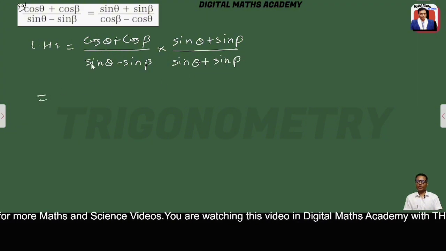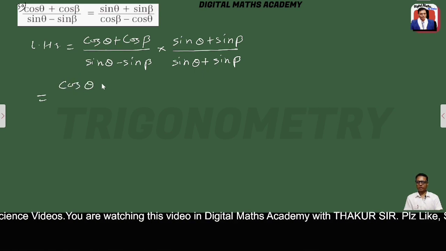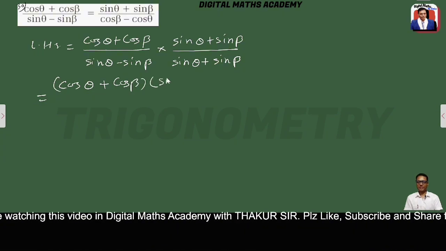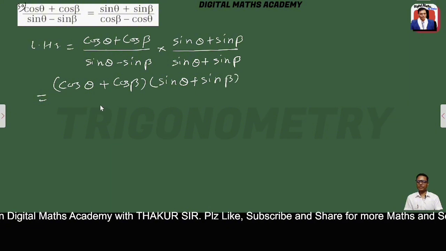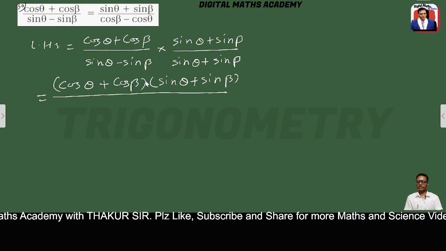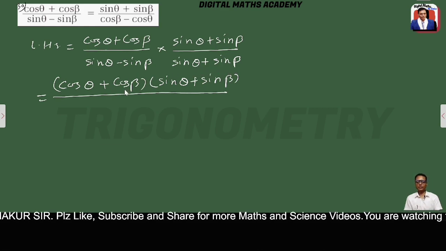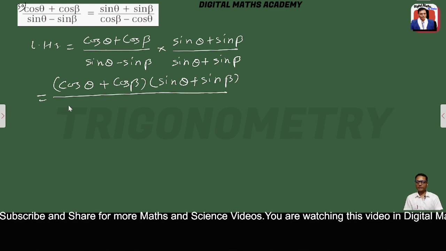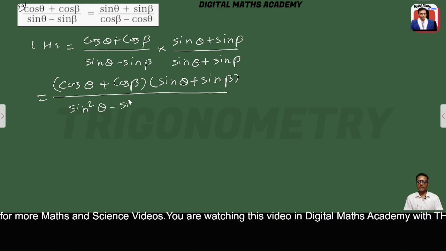Now we are not going to do any change at the numerator, so we can write here cos theta plus cos beta, and here also we have sin theta plus sin beta, and at the denominator we see (sin theta minus sin beta)(sin theta plus sin beta). That is in the form of (a minus b)(a plus b), so we write here a square minus b square, that is sin square theta minus sin square beta.